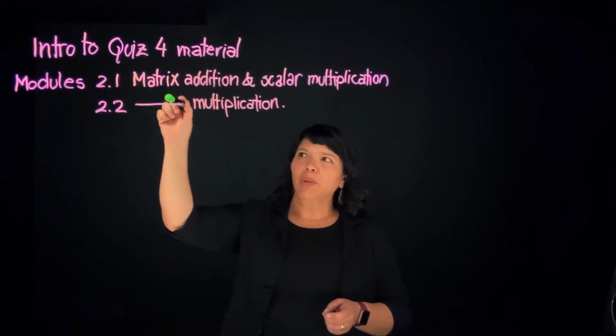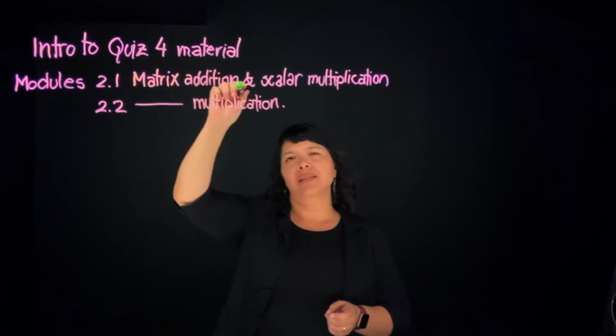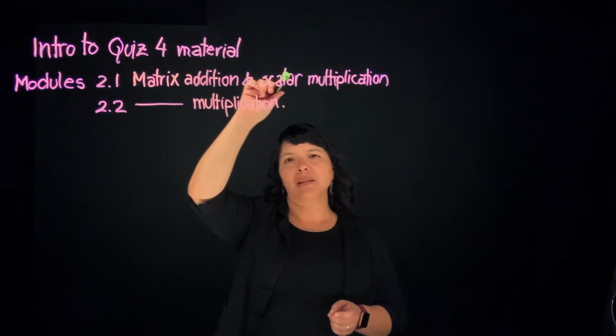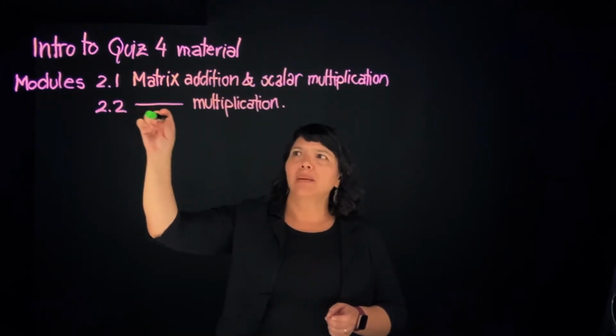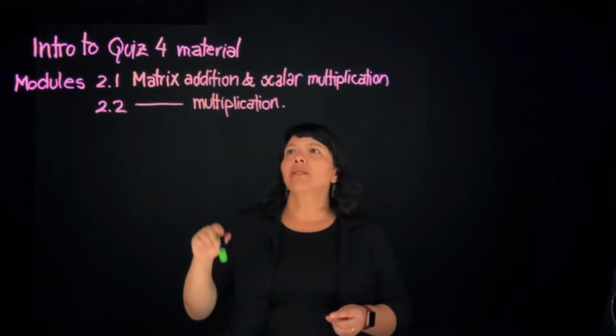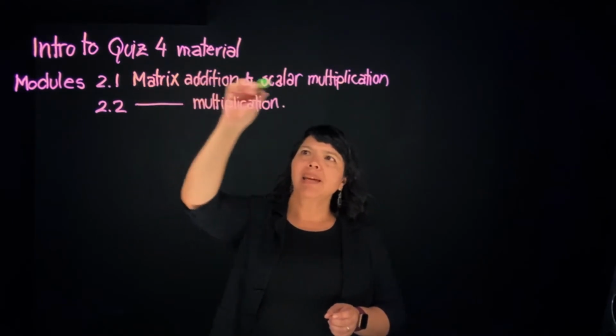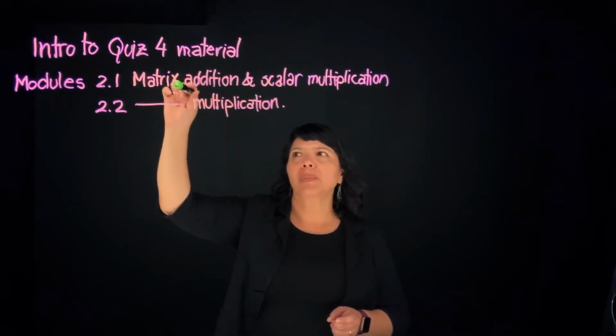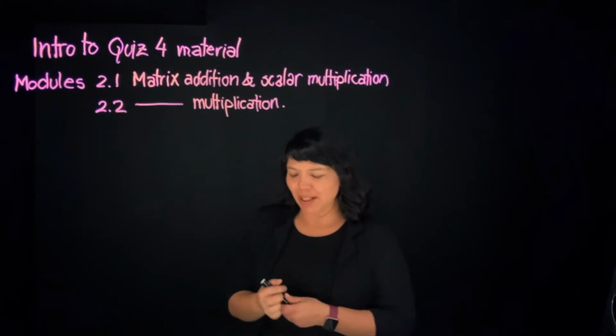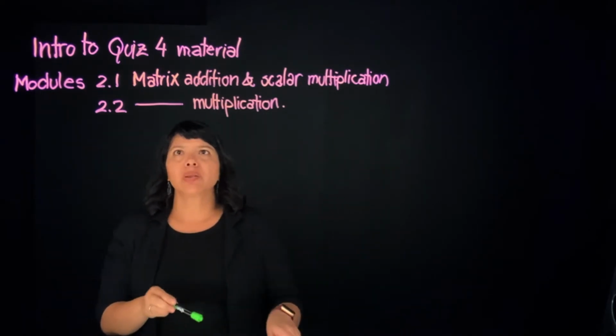Module 2.1 talks about matrix addition and scalar multiplication, and 2.2 is about matrix multiplication. Let me start with the ideas in your textbook about matrix addition and scalar multiplication, and let's focus on matrix addition.